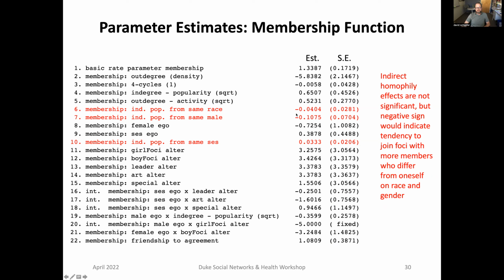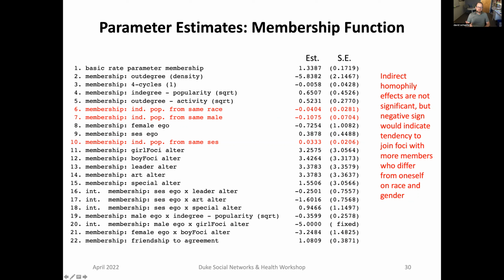So in terms of race, it's not significant, but the negative sign would be that people are drawn to activities with members of a race other than their own, and the same for gender, that people are drawn to activities with co-members of a gender other than their own.